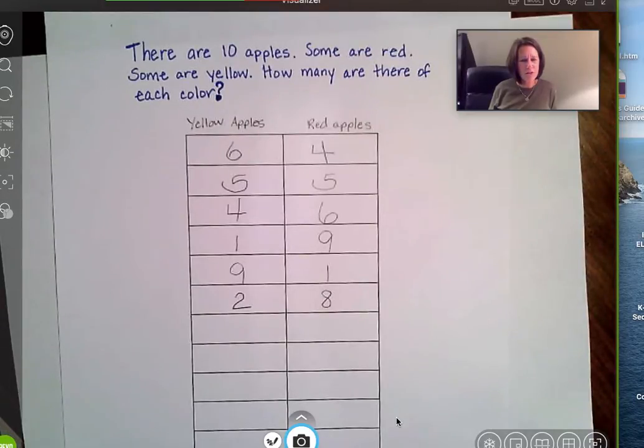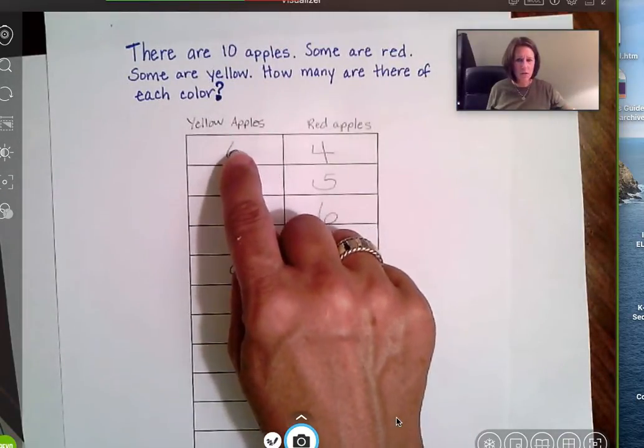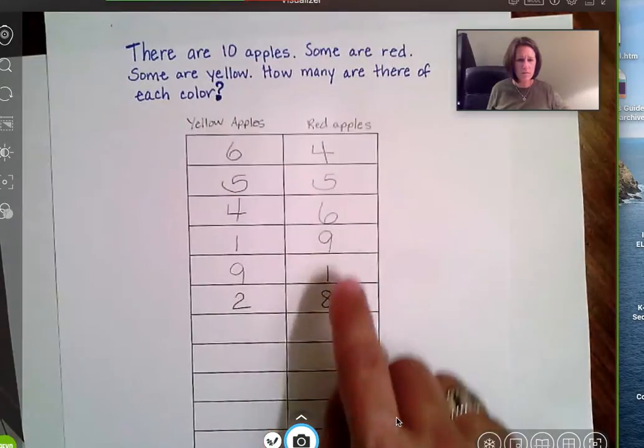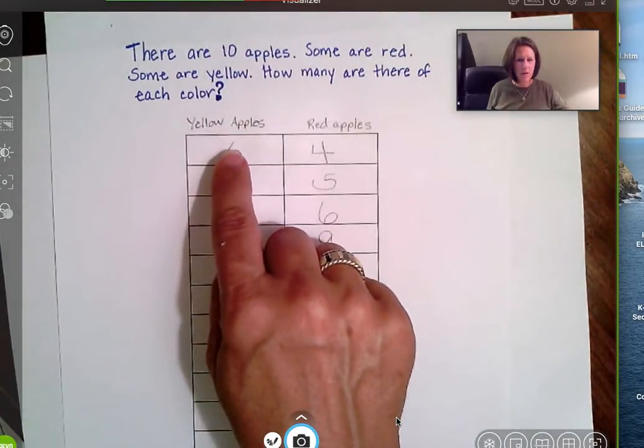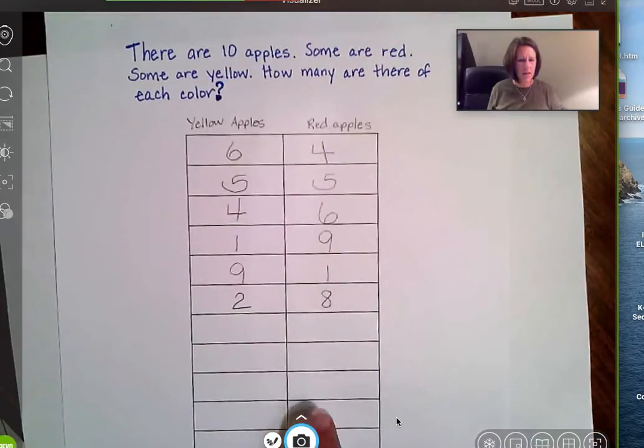Today, mathematicians, I want you to make a chart just like this one with 2 columns. And think about yellow apples and red apples and how many ways that they might be 10 altogether if some are red and some are yellow.